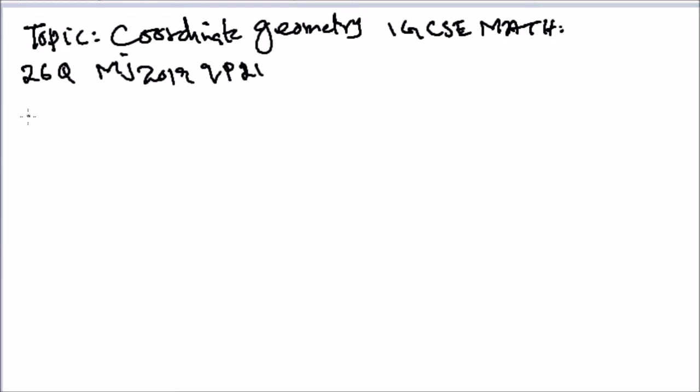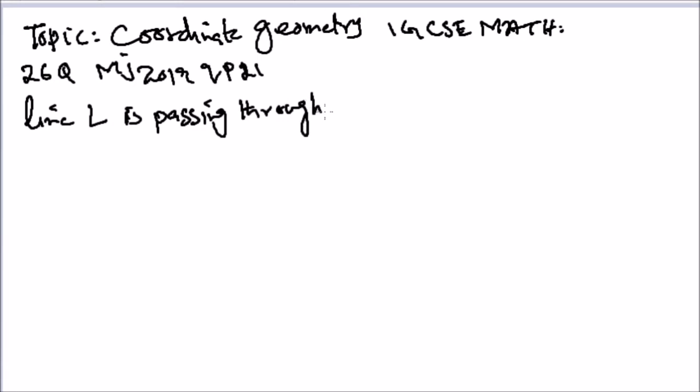They say line L is passing through (0, -3) and (6, 9).